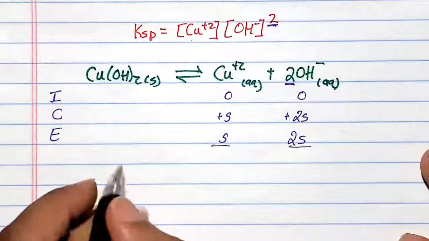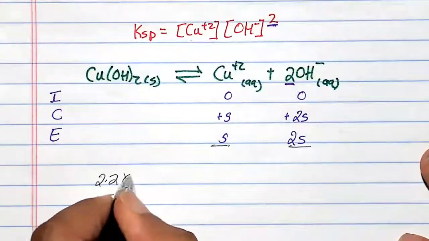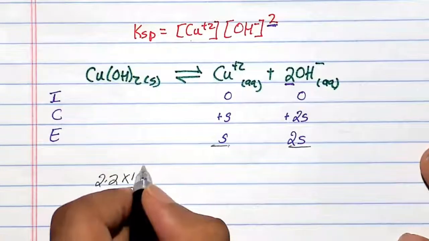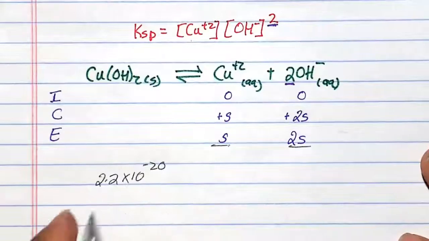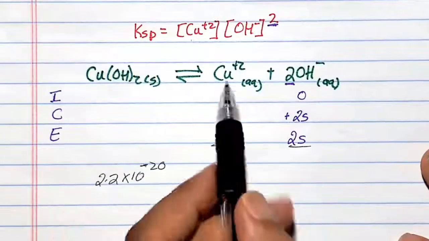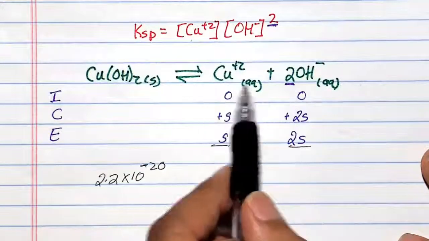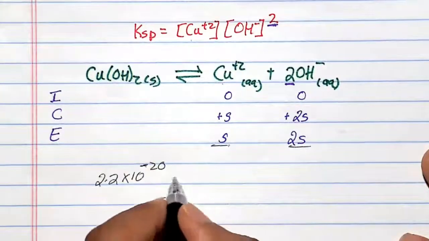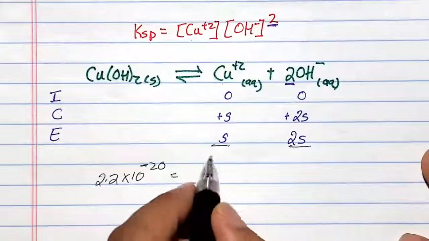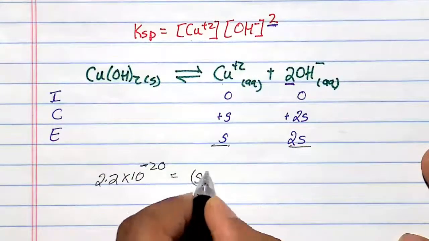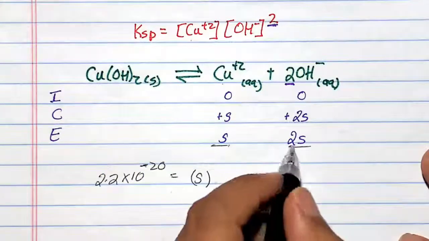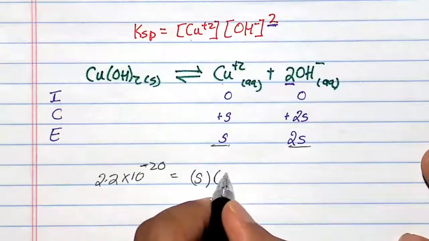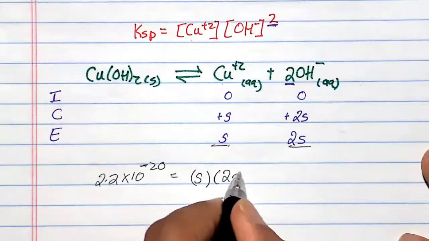So our KSP value, as denoted in the text, is 2.2 times 10 to the minus 20. That's a very, very small number, but we still have, I guess, an insignificant amount that's going to go into copper ion and hydroxide ion. At equilibrium, copper ion will be S, and at equilibrium, hydroxide ion in solution, dissolved in water, will be 2S.